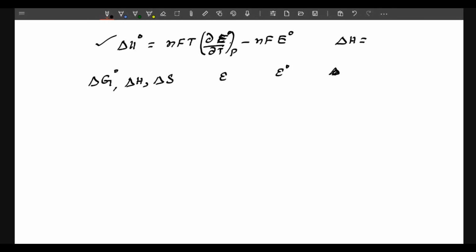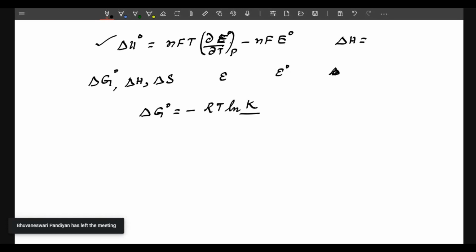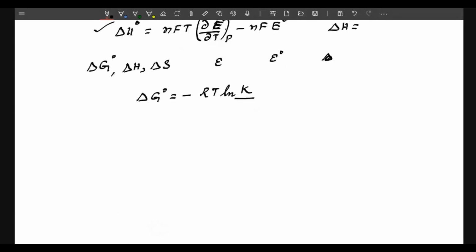Another important thing I have forgotten to give. If delta G naught is given, delta G naught is equal to minus RT ln K, where K is called the equilibrium constant. A problem on the equilibrium constant value will be frequently asked.